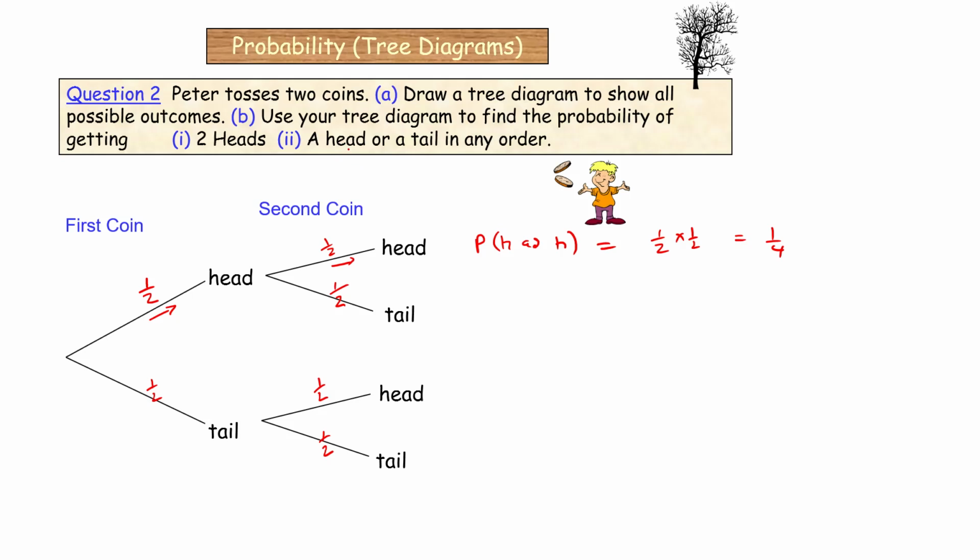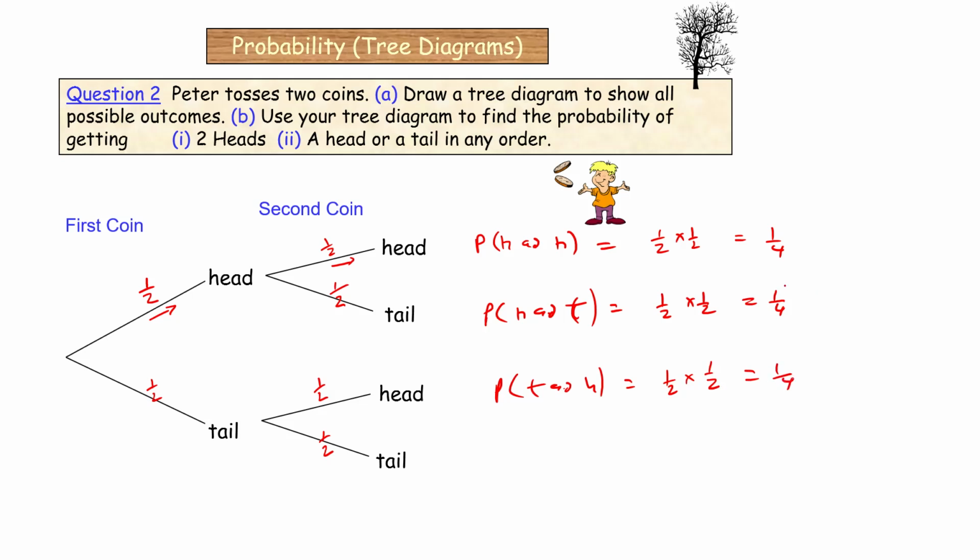The second one is a bit of a strange one. It says a head or a tail in any order. Well, you could have a head, then a tail. So the probability of a head and a tail is equal to, again, a half times a half, which is a quarter. But you could also have a tail, then a head. So the probability of a tail and a head is equal to, again, a half times a half, which is a quarter as well.